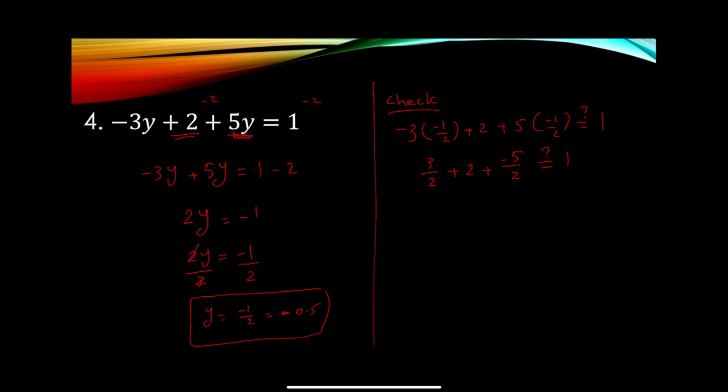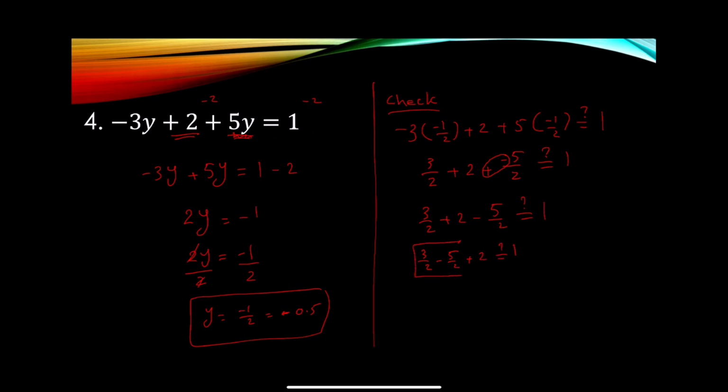By the way, if we have a negative and positive, we should multiply them, and the answer is negative. So 3 over 2 plus 2 minus 5 over 2, is it equal 1? Let me rewrite it. 3 over 2 negative 5 over 2 plus 2, is it equal 1?